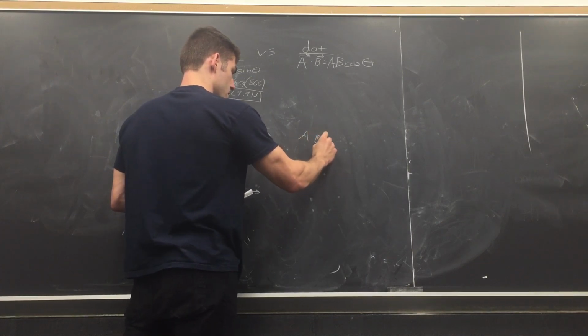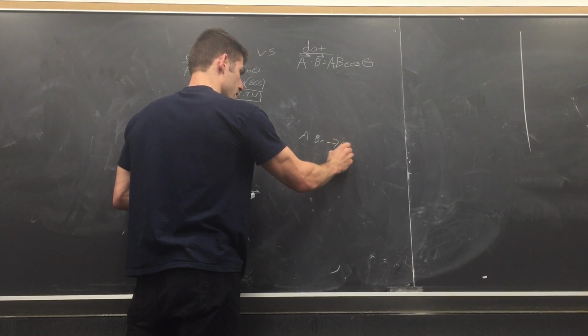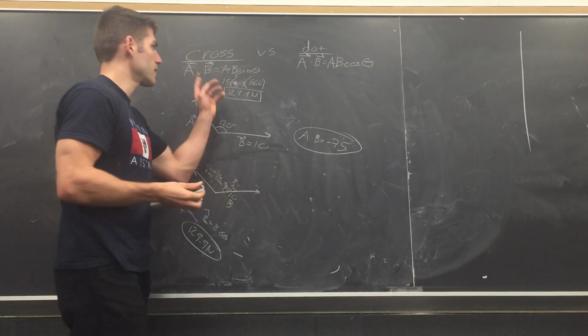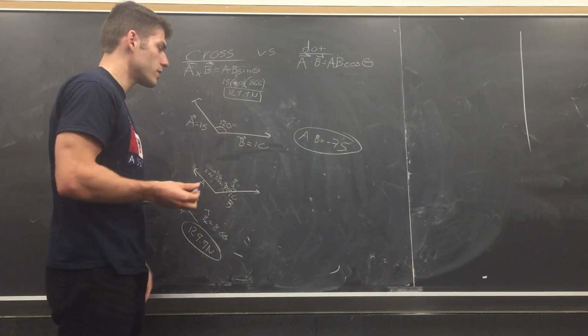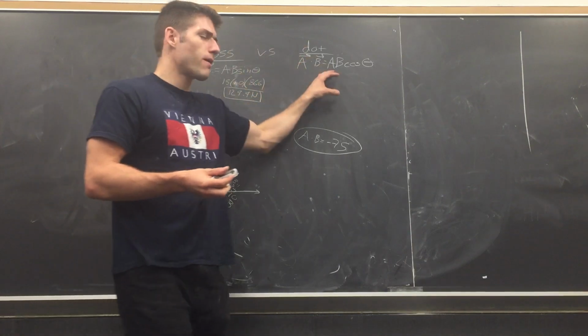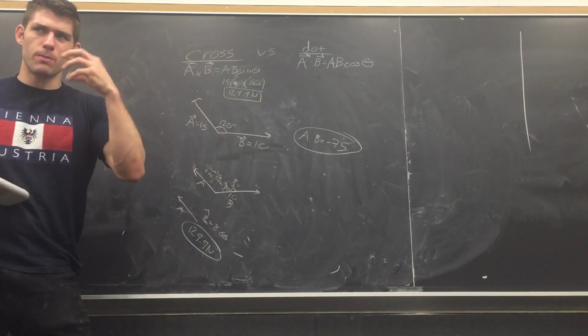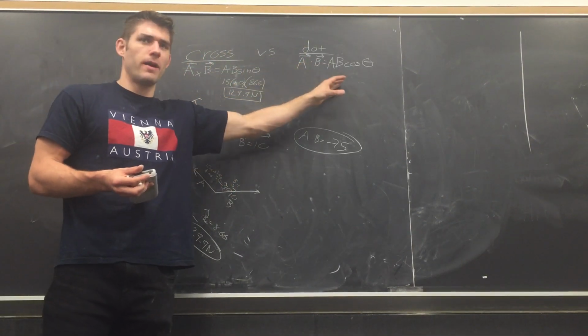So A dot B equals negative 75. I did the exact same thing, but instead of sine 120, I used cosine 120. If cross is where you want the perpendicular component, dot is where you want the parallel component.